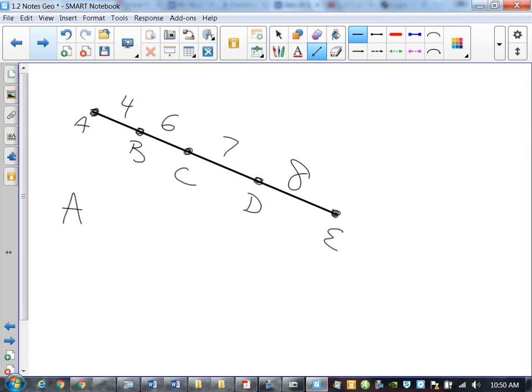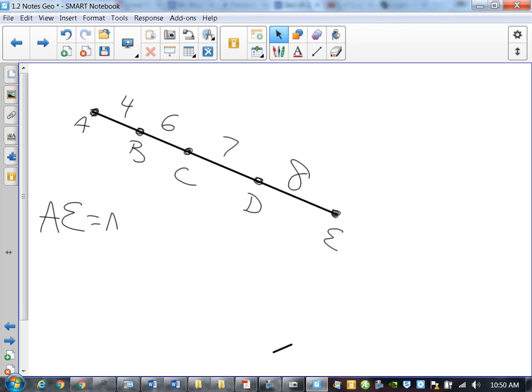Remember, if I'm asking you how far, what's the length of the whole segment, the whole segment is made up of all the other little bits put together. It's just a matter of putting it together. 4 plus 6 plus 7 plus 8, 25. Okay? This makes good sense.